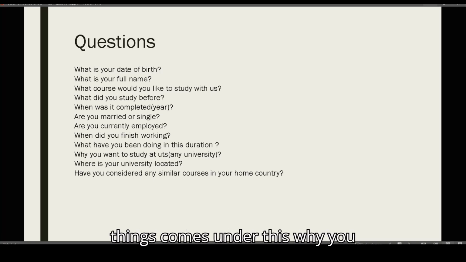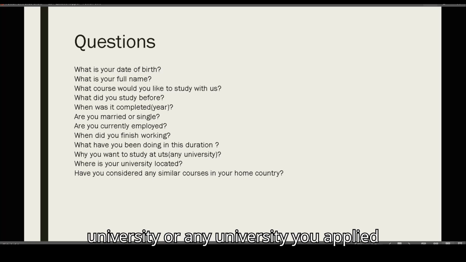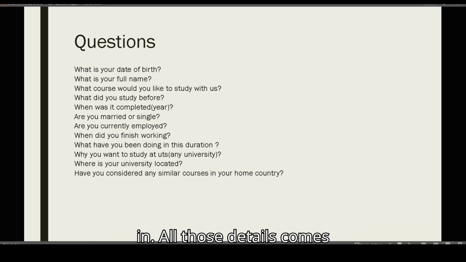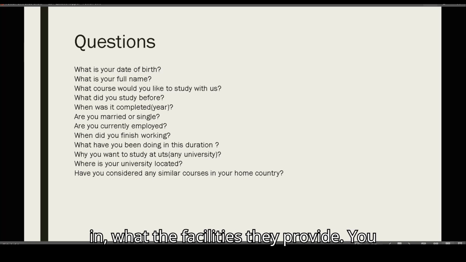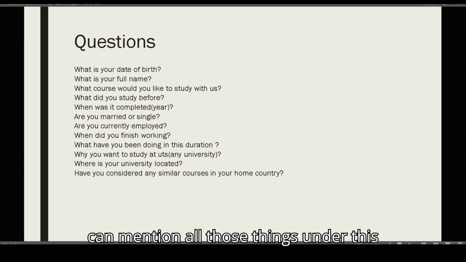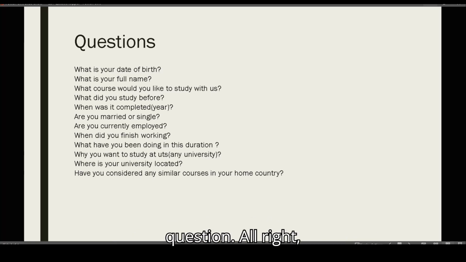All sorts of things come under this. Why do you want to come, why do you want to study in their university or any university you apply to? All those details come under this question. So you can get to know about the university, their world ranking, their QS ranking, which particular subjects they specialize in, and what facilities they provide. You can mention all those things under this question.